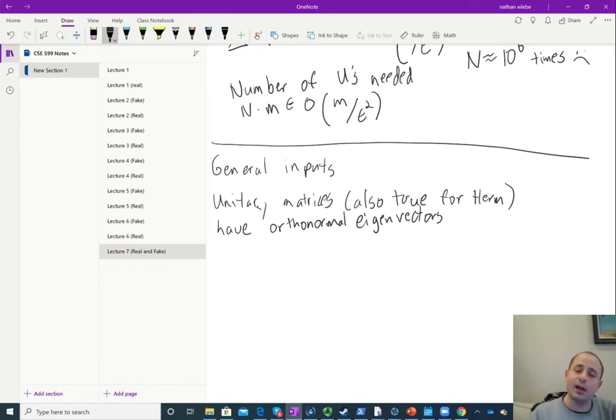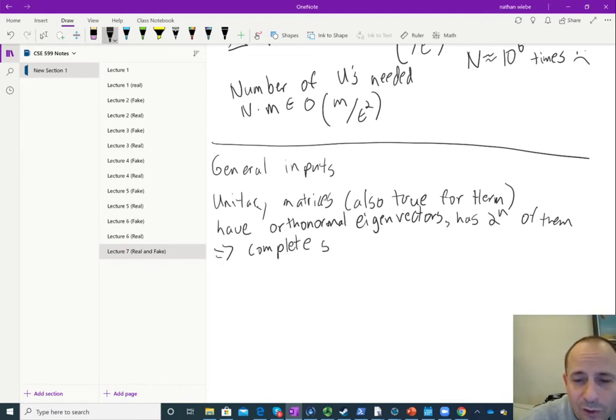Or more accurately, you can always choose the eigenvectors of any unitary matrix to be orthonormal. Okay, great. So what that means is that they have a set of orthonormal eigenvectors, and on top of that, it has 2 to the n of them. This implies that it has a complete set of orthonormal eigenvectors.